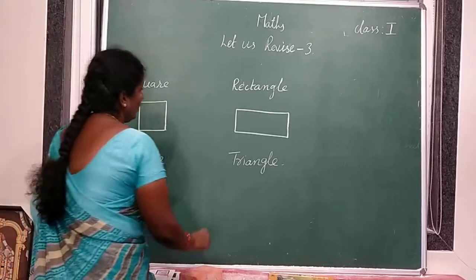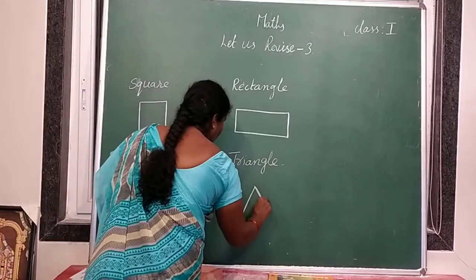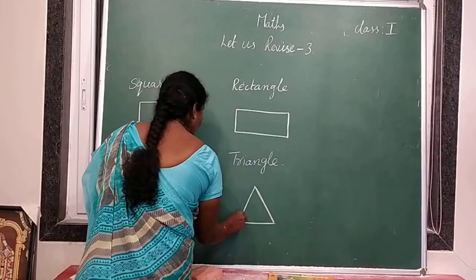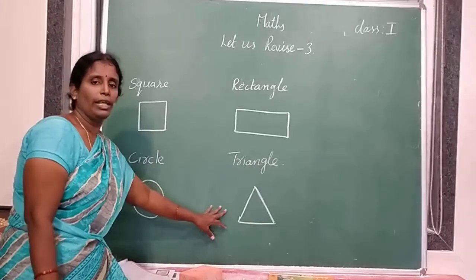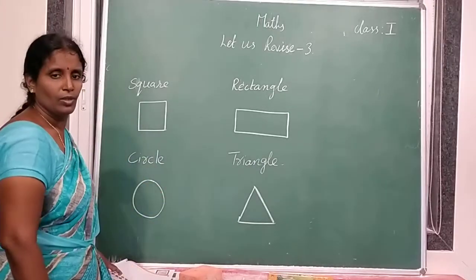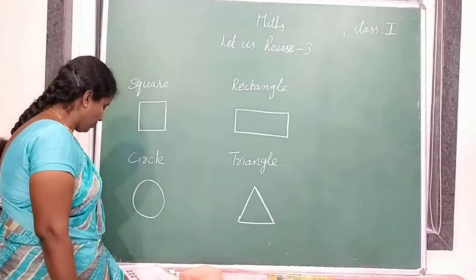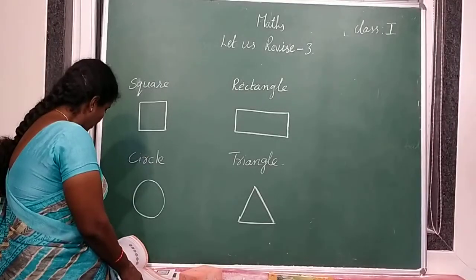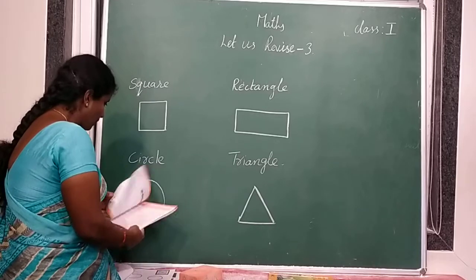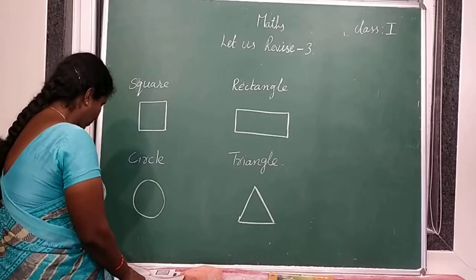Next, last one, triangle. Draw one triangle. Samosa shape also, like triangle, samosa also. Okay. Next. Understood, children?